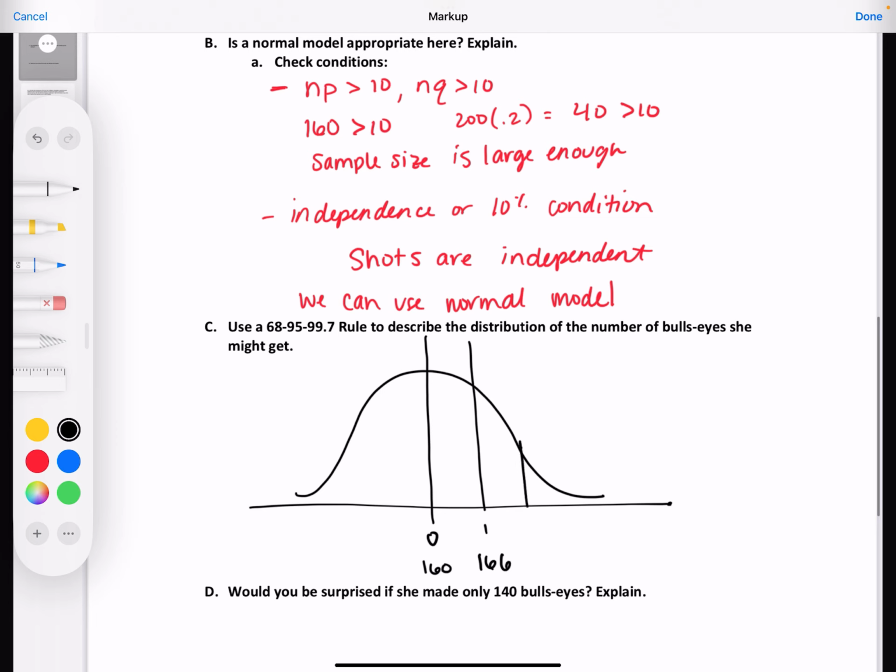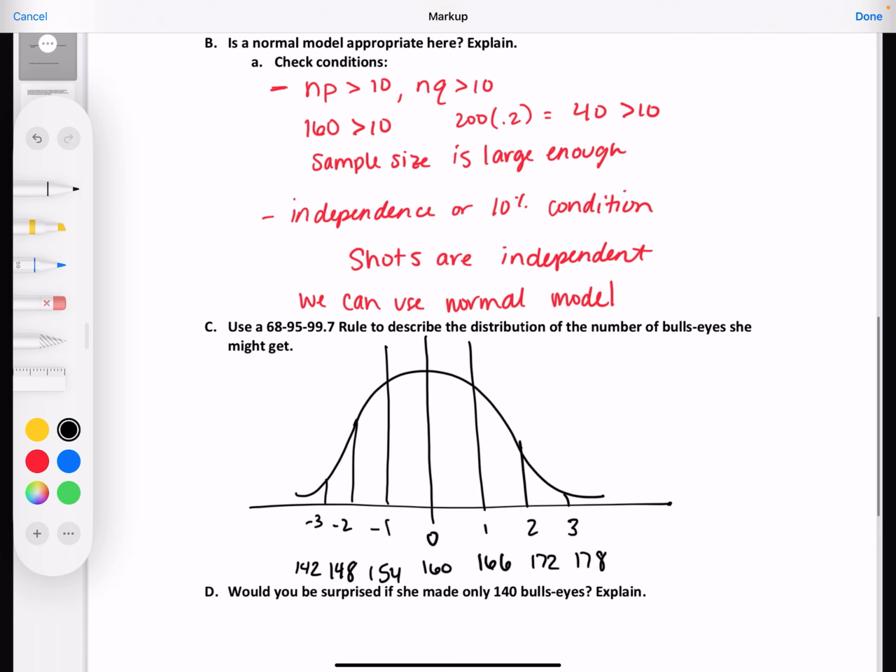Then 2 standard deviations away would be 172, and 3 away would be 178. Going in the other direction, we're just subtracting. So at -1 would be 154, -2 is 148, and -3 is 142.